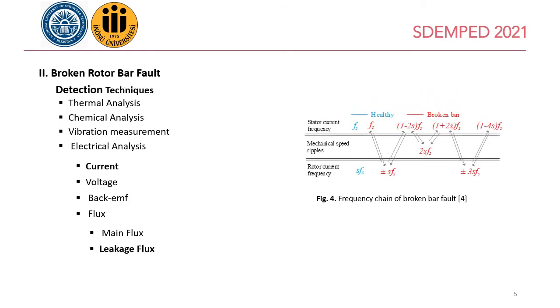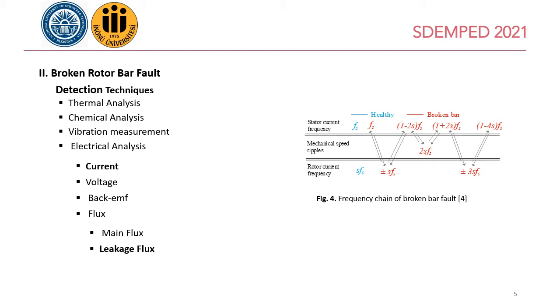Different rotor bar fault detection techniques are presented in the literature. Some of them are thermal analysis, chemical analysis, vibration measurement, and electrical analysis. In electrical analysis, current, voltage, back EMF, and flux are the main components usually used for the detection of faults.